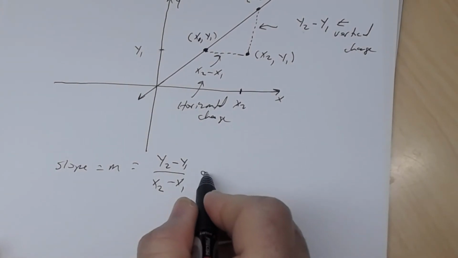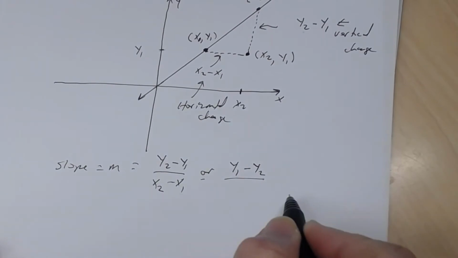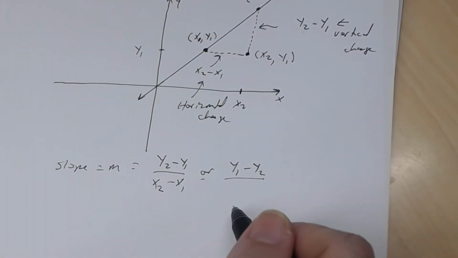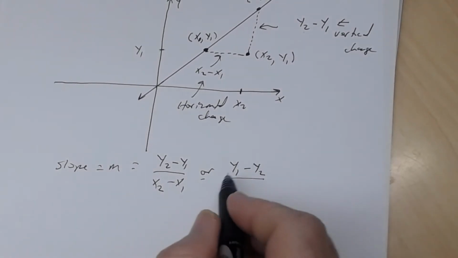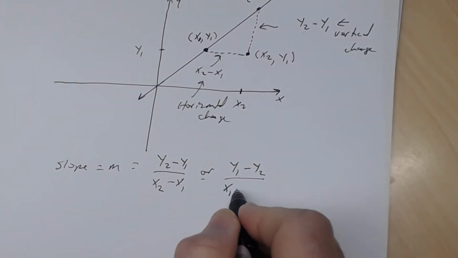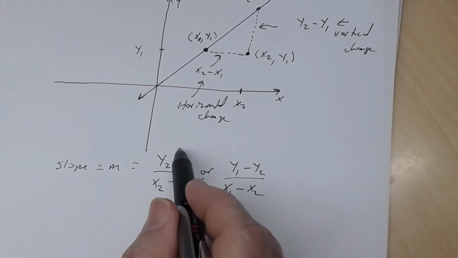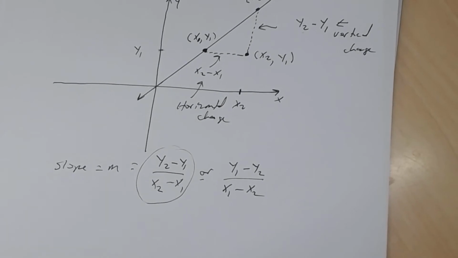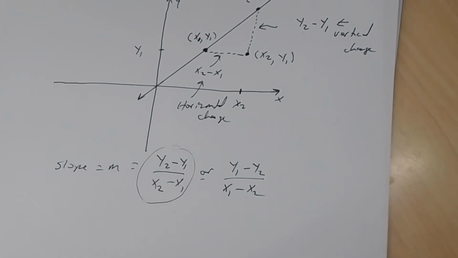Now, it does not matter, you could have said y1 subtract y2, but the order in the denominator matters now. Since I started with y1, I have to start with x1. But most students remember the formula as this one: y2 subtract y1 over x2 subtract x1.